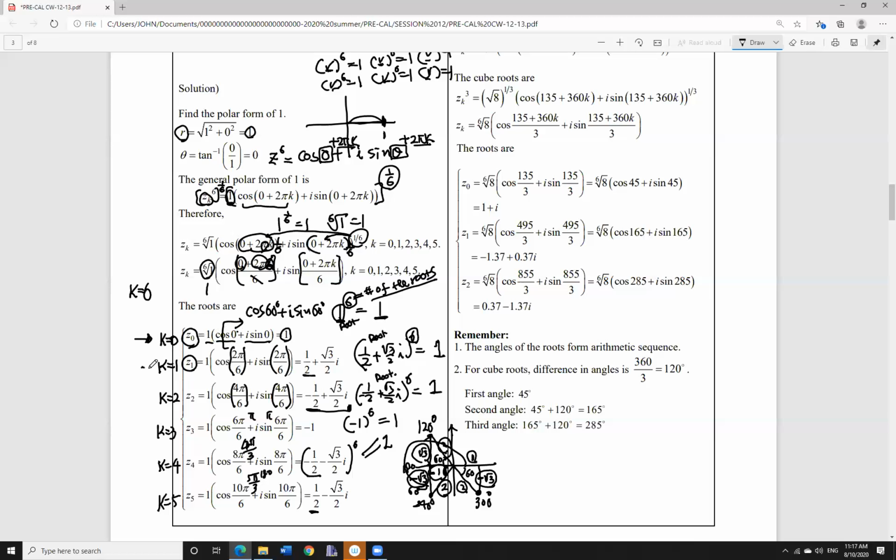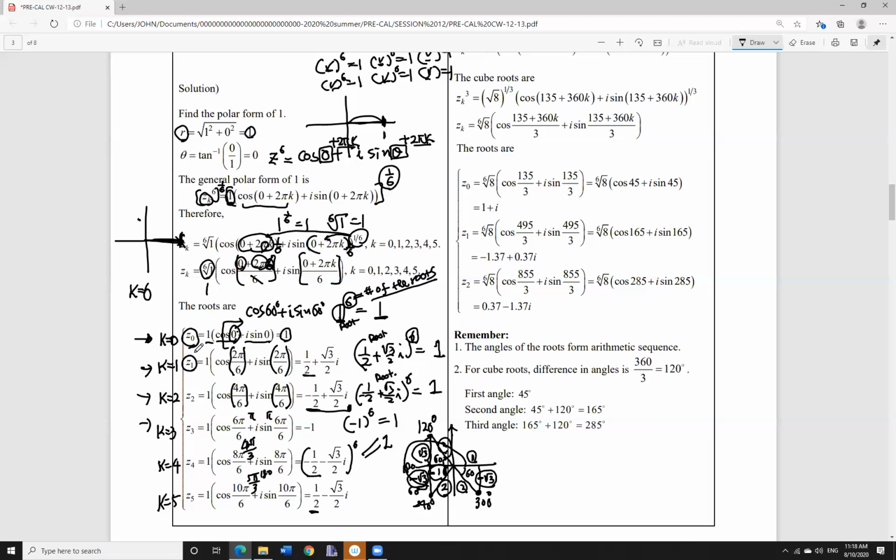You don't have to substitute every time because we know that there are 6 angles. The initial angle is 0, isn't it? Initial angle is 0. What is the next angle? I'm going to use this one. Initial is 0. We start over here, take the first root over here. There are just 6.